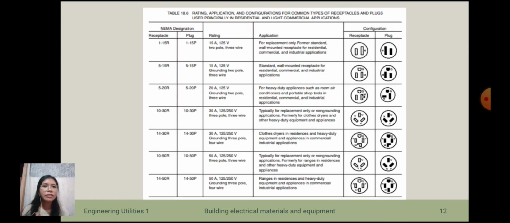And then the rating, application, and configurations for common types of receptacles and plugs, usually used principally in residential and light commercial application. So we have the NEMA designation, the rating, the application, and the configuration. So dito po tayo magbe-base ng application ng mga plugs and receptacles.